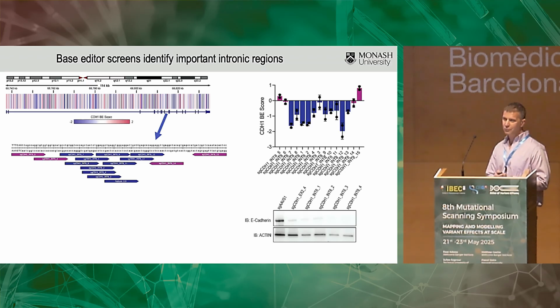Now, we don't think that multiple edits in that region would lead to an effect on activity. It's not because of the editing. And what we think is happening, and this is here using CRISPRi, so using a dCas9-KRAB that we target to that same region, results in the same kind of phenotype.